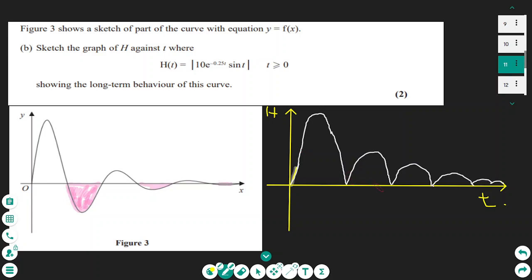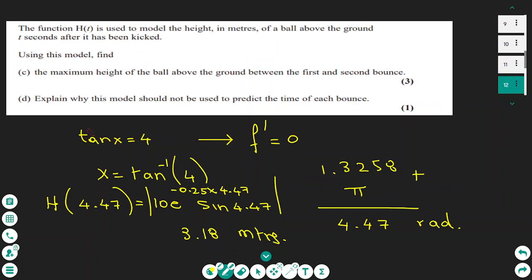Obviously the times should be decreasing and should not stay the same. That's why it's not realistic, and you may give a comment like this one. Any comment that reflects reality will be acceptable. And this is the exercise for today. Thank you for watching.